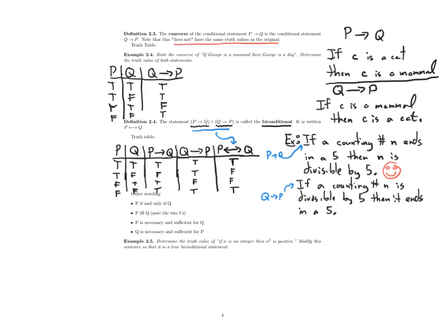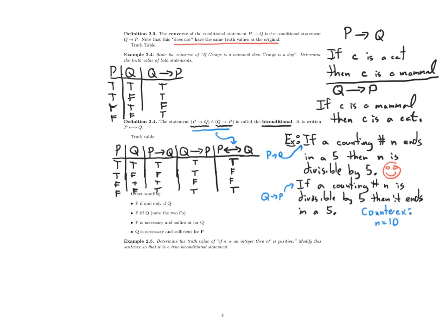We can think of a number that's divisible by 5 that doesn't end in a 5. How about 10? And we call these situations where we can find something where the if part is true and the then part is false counterexamples, which we'll talk about in more detail later. But a counterexample to the second one is n equals 10.